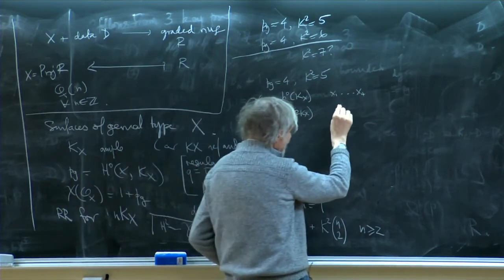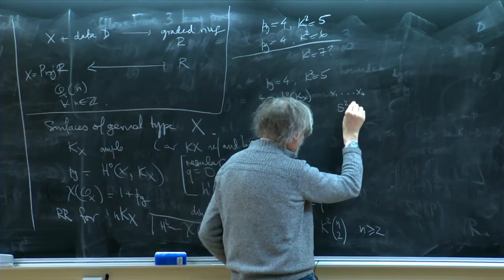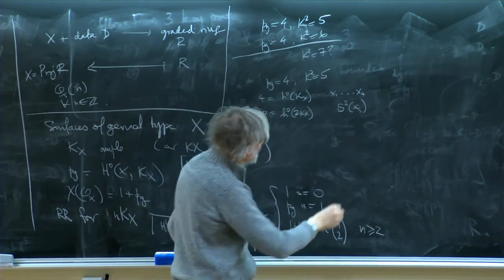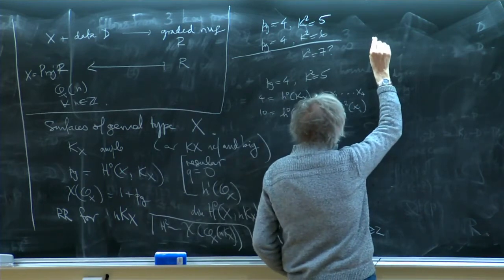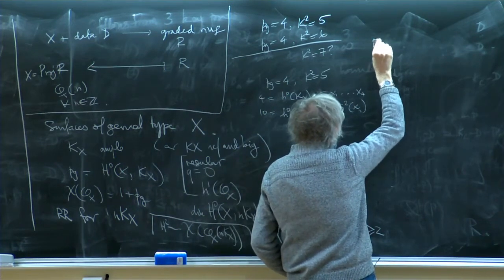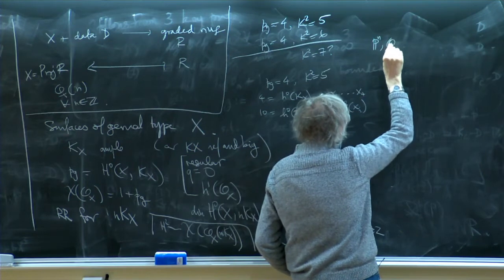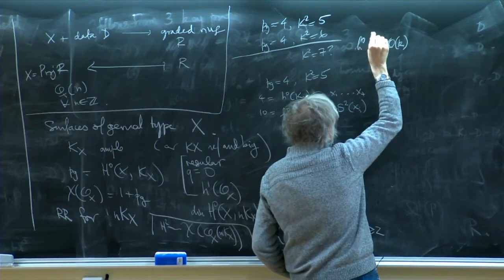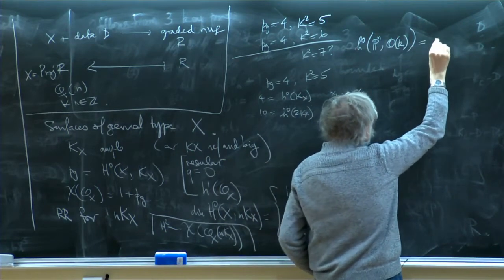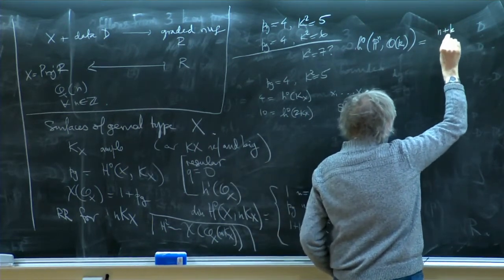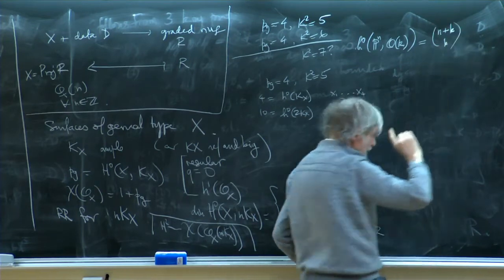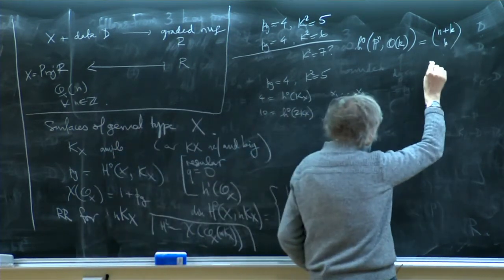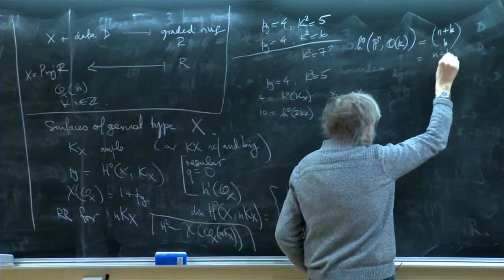Right, and here, if I write down S2 of xi, yes, I hope everybody knows the formula. The number of monomials in n forms of degree k is n plus k choose k, which is also n plus k choose n.